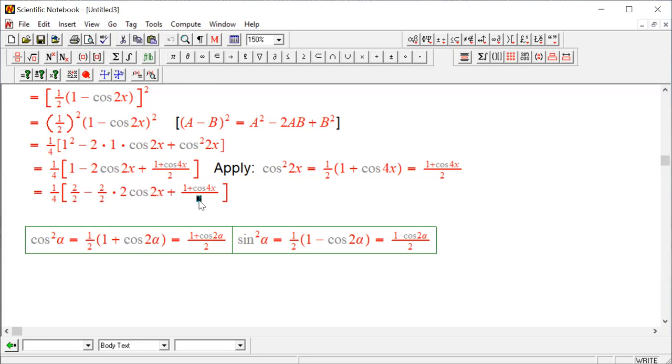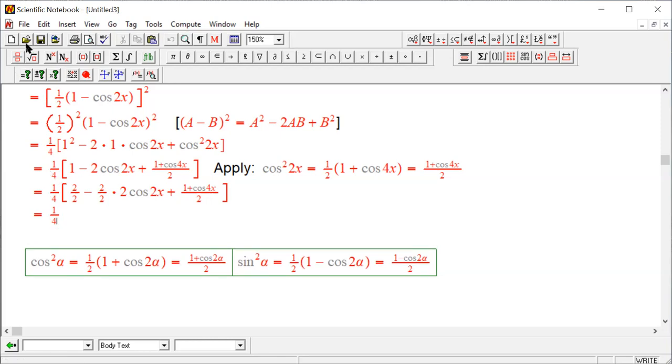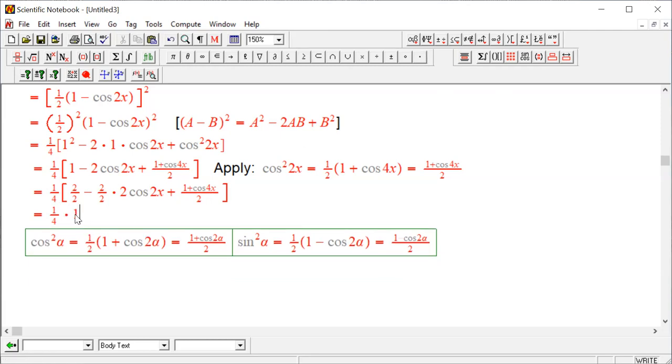That way they all have the same denominator, and we take that common denominator outside. So 1 over 4 multiplied by 1 over 2.